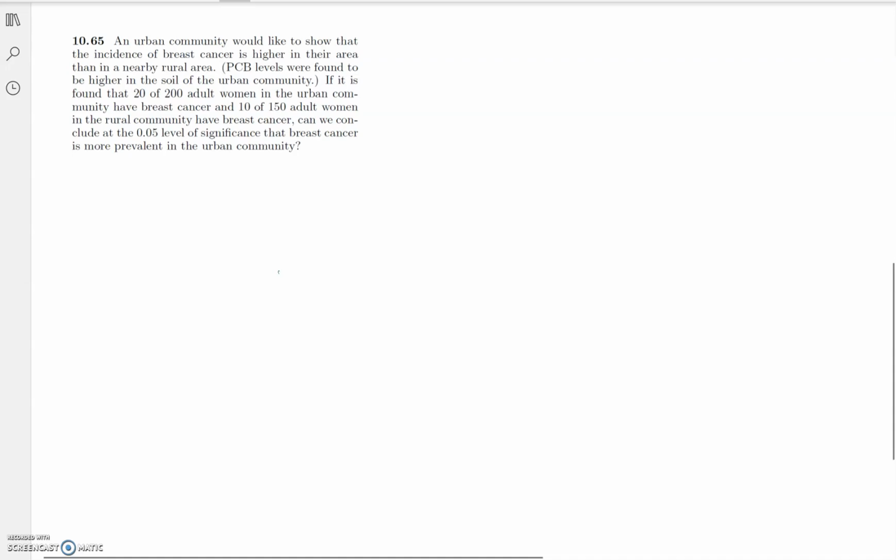From the setting, P1 hat equals 20 over 200, and P2 hat equals 10 over 150. The null hypothesis is P1 equals P2, and the alternative hypothesis is P1 greater than P2.